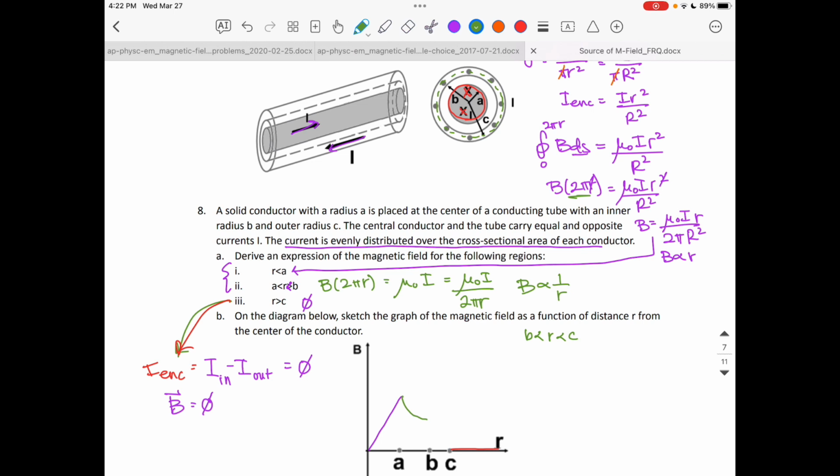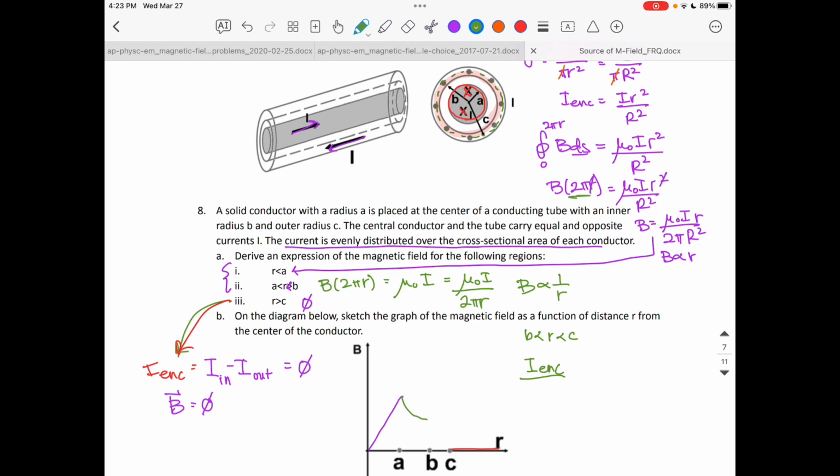You don't have to go through this entire process, but I just wanted to show you why it looks the way it does. It's the fact that our I enclosed is the inner part of the tube, not the full tube. So I need to take the I enclosed over just that tiny sliver of the tube.